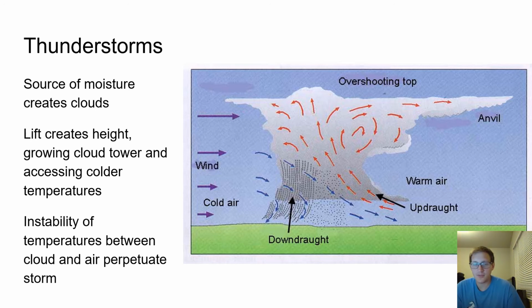The instability of the temperatures between the cloud and the air perpetuate the storm and let it build on itself. And then just like we talked about last time, our global winds are what carry that weather across the earth. So for us, the prevailing westerlies carry that across the mountains, across us, and into the eastern plains.